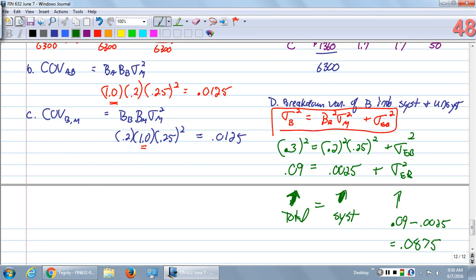So of a total risk of 9%, systematic risk is just a little bit of it. It's only 0.0025. Most of the risk is unsystematic. Most of the risk is the unsystematic risk, which is 8.75%.